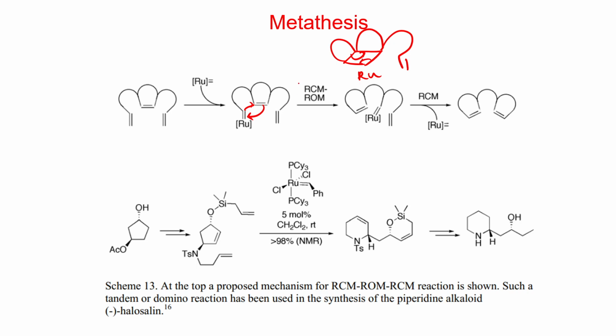So first is ring closing followed by ring opening. Consider these two: A ring is closed and B is open. If this is generated, now the second ring closing metathesis will happen and ultimately can lead to this kind of product.